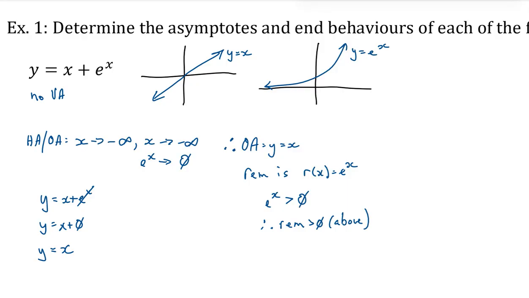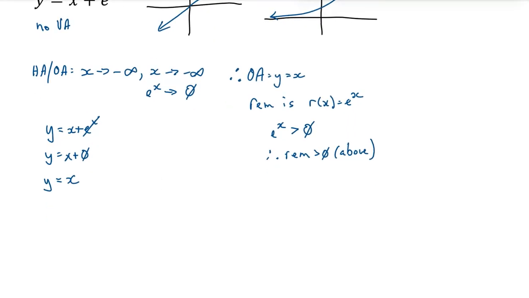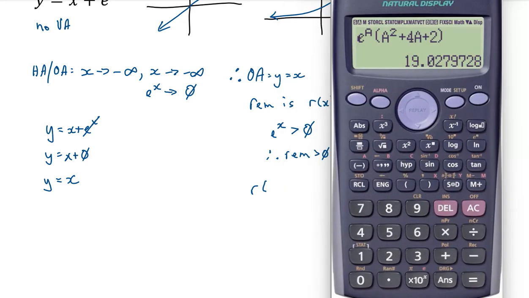I could also sub a value in. What's a good value? So if r of x is e to the x, what would you pick? Negative 100? That might be too big. Yeah, kind of ugly.